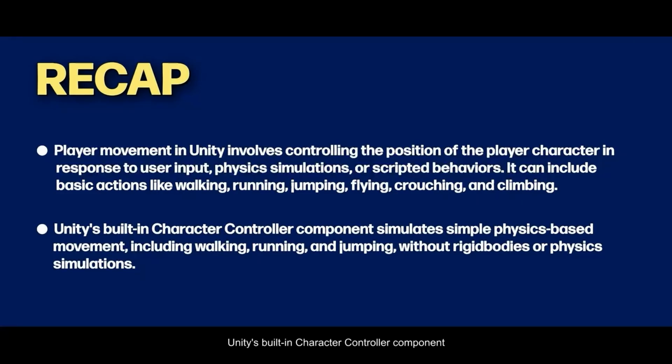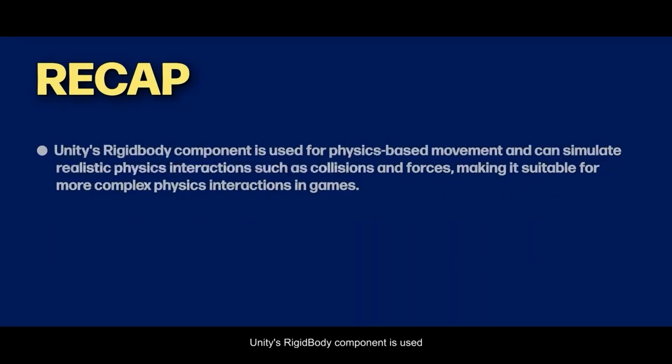Unity's built-in character controller component simulates simple physics-based movement, including walking, running, and jumping without rigid bodies or physics simulations. Unity's rigid body component is used for physics-based movement and can simulate realistic physics interactions such as collisions and forces, making it suitable for more complex physics interactions in games.